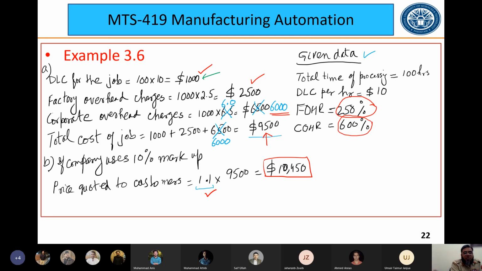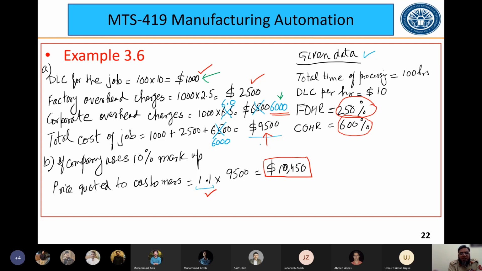So this is $1,000. फैक्ट्री ओवरहेड इस कॉस्ट का 250% है, so ये $2,500. कॉर्पोरेट ओवरहेड्स हमने कहा था 600% है, तो ये $6,000 ये आ गया. तो टोटल कॉस्ट ऑफ द जॉब आपकी जो है वो $9,500 आ गई, जो कि 100 क्वांटिटी के लिए है.